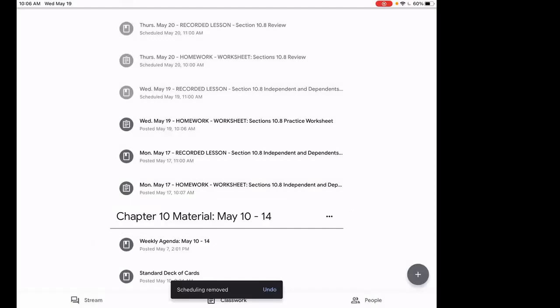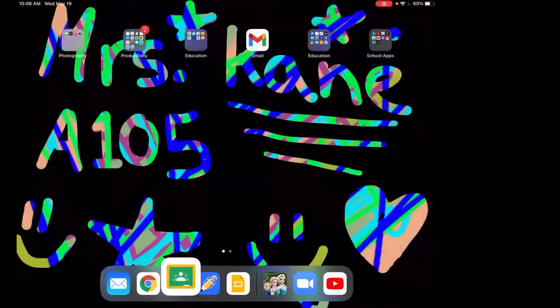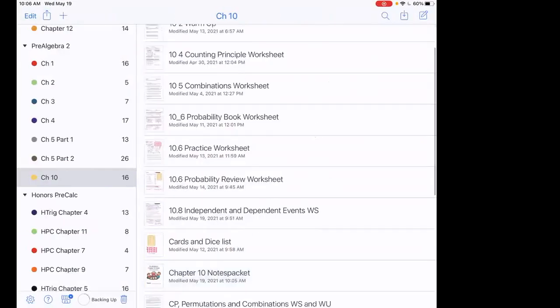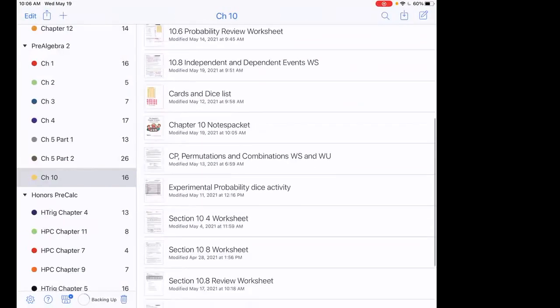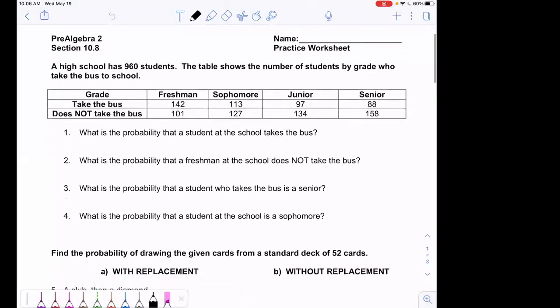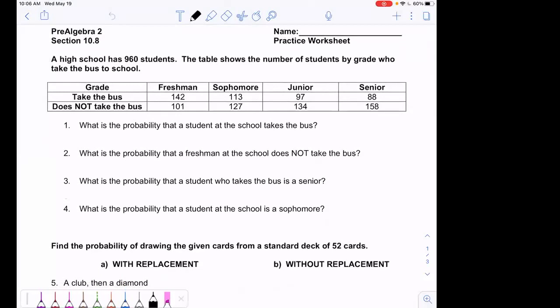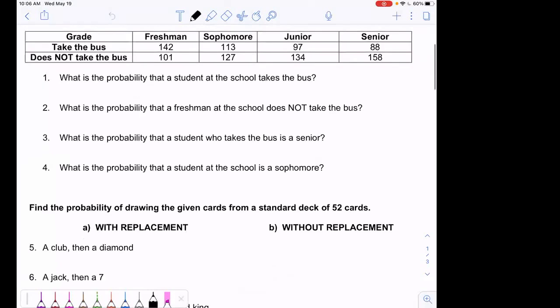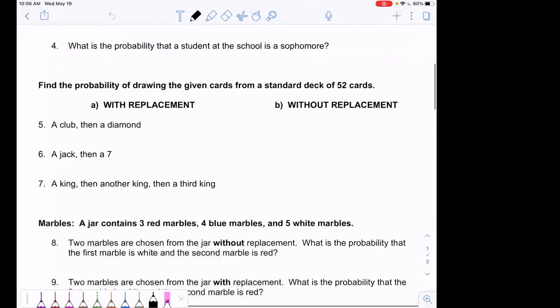So we're looking at the section 10.8 practice worksheet. We're going to go down and look at the middle group of problems, 5, 6, and 7.